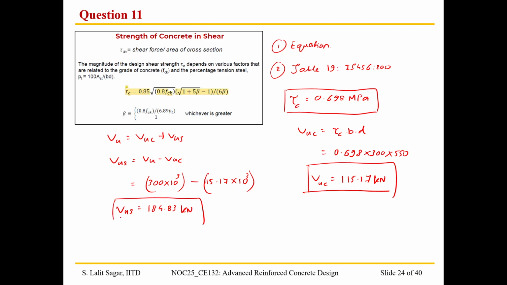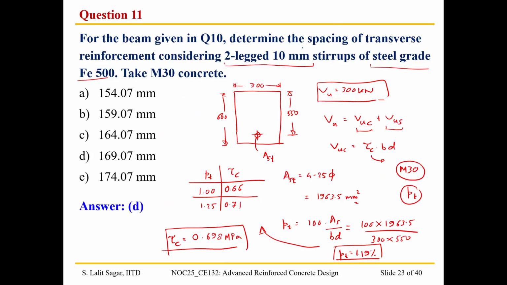Now we need to determine the spacing of the stirrups, and for the spacing I'll take a different color. Vs is equal to 0.87 Fy ASV into D divided by SV. Before determining the value of SV, we need to determine the value of ASV. It is given that we have to consider two-legged 10 mm stirrups.